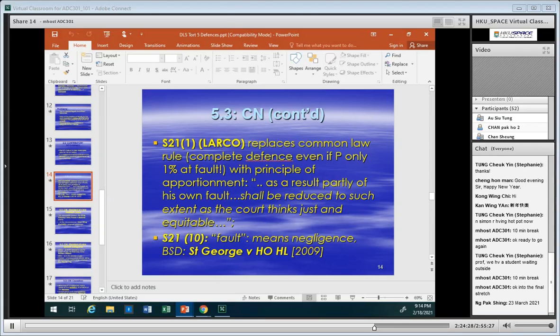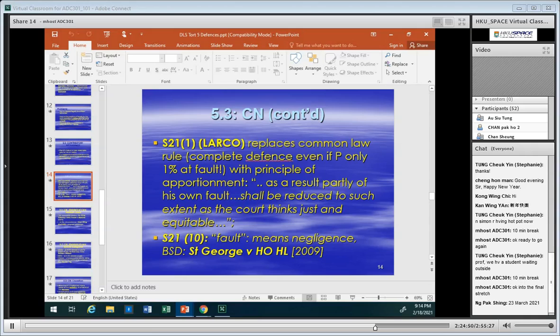So that's BSD, which I should explain. BSD is breach of statutory duty. It's actually a tort, strangely enough, and it is similar to negligence, but not the same, that's for sure.